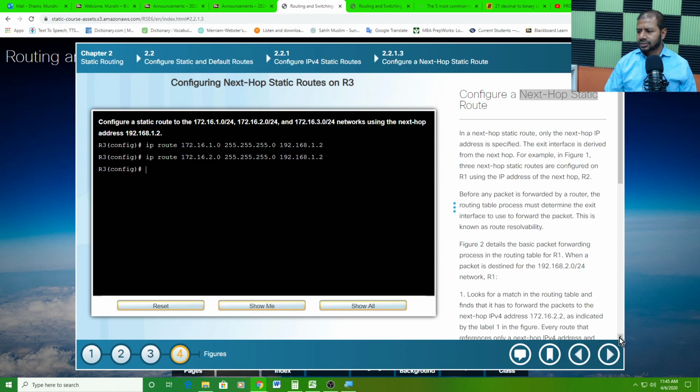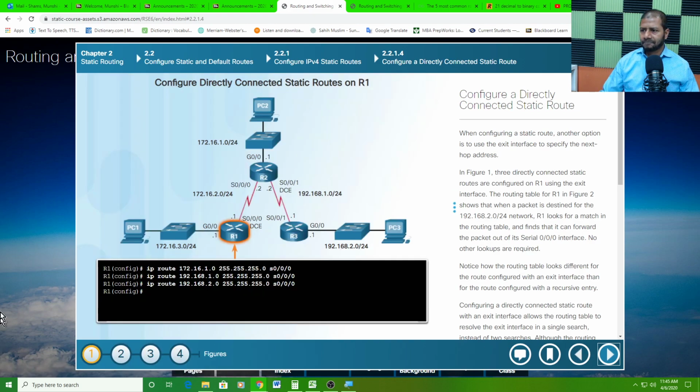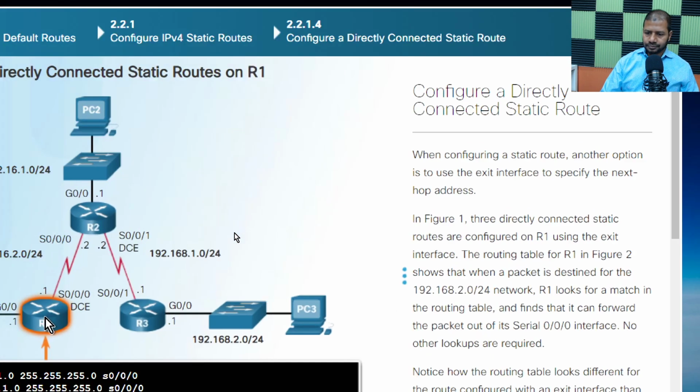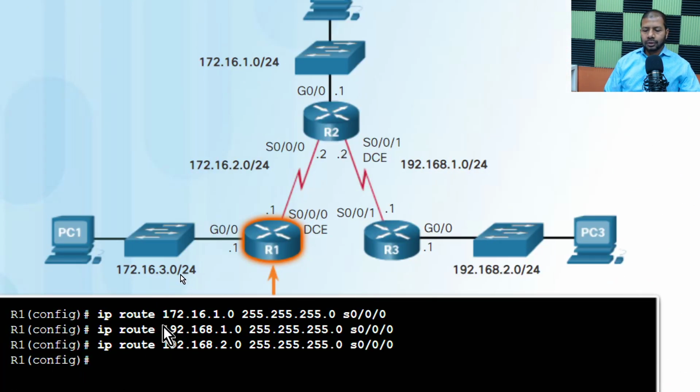Okay. Next screen. Now configure a directly connected static route. In this case, you can write a static route where that destination network is directly connected to R1. For example, ip route 172.16.1.0, and you have to get out through serial 0/0/0.